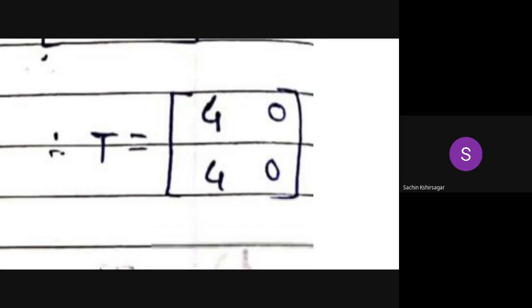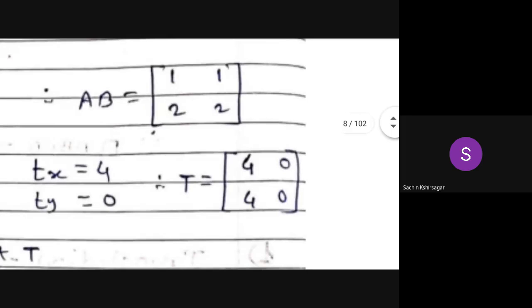Here Tx, the x direction, is 4 and Ty is 0, that's why the line will move horizontally only. Very simple. Our transformation matrix will have the x values in the first row and y values in the second row. Only the x value is given, 4 to the right side, and the y value is 0. Only add this matrix to the given matrix. Very simple.